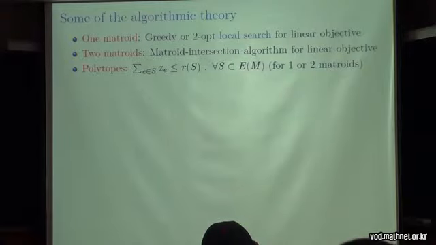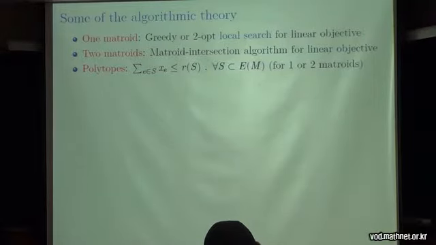Then you associate an independent set with a 0,1 vector, where the ones pick out the elements in the set. If you take the convex hull of the 0,1 vectors associated with all the independent sets, that's a certain polytope. I described that polytope by an inner description: take the convex hull of these points. But there's an outer description via linear inequalities, and it's exactly what I have there.